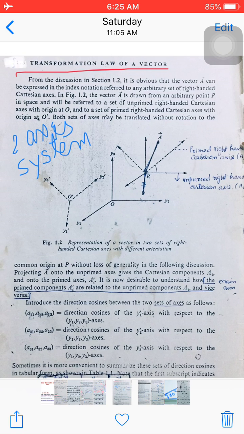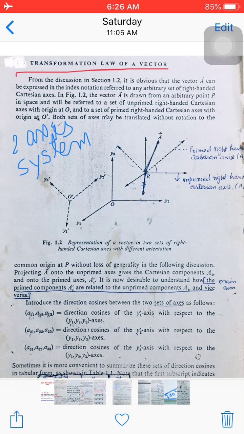One is known as the prime axis, the second as the unprime axis. You are seeing here two types of line, one dotted and the other dark. The dotted line is the prime right-handed Cartesian axis and the dark line is the unprime right-handed Cartesian axis. So we have a two axis system.